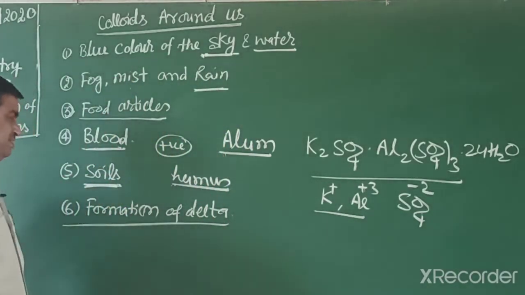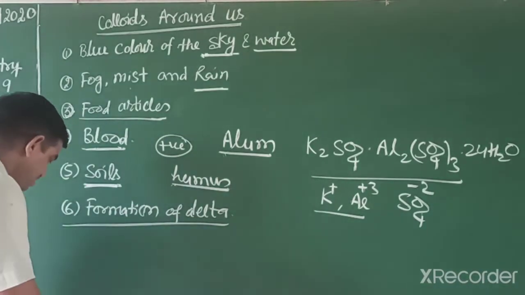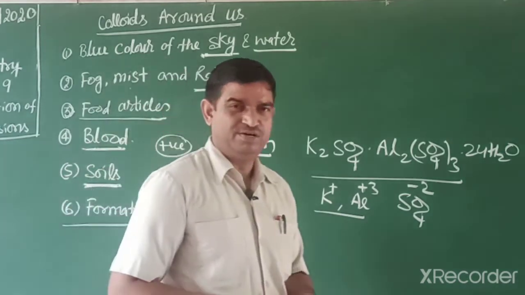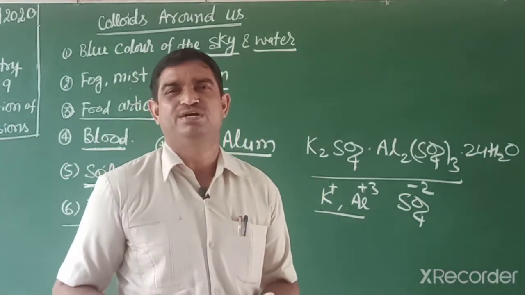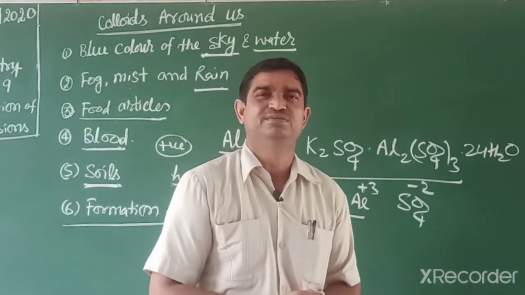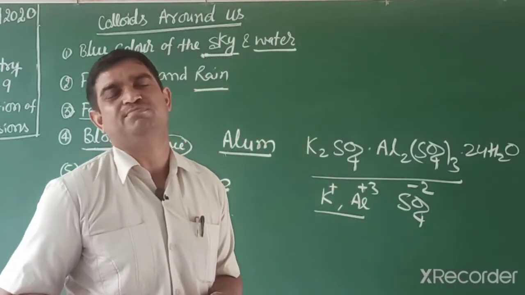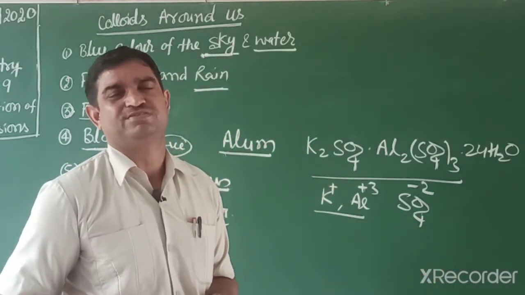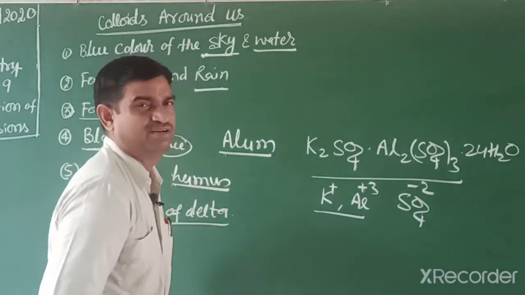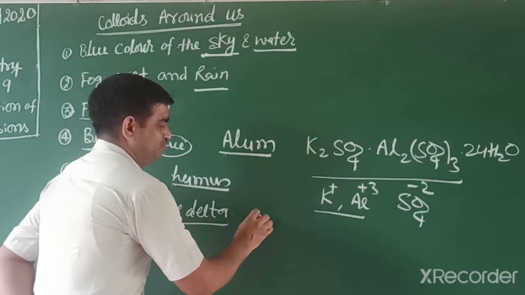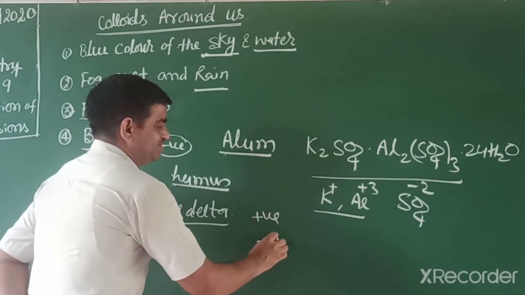So that is also a colloid. Another very important term is formation of a delta. When our Ganga river and Brahmaputra river mix near the sea, the marine sea, what happens? They carry a lot of mud particles, clay particles, soil particles, and these are colloidal soil. And colloids have either positive or negative charge.